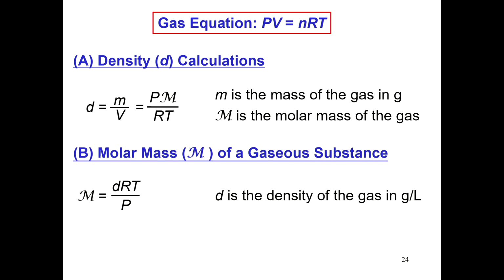So in this equation, when we know what the gas is, of course we can know its molar mass, right? So we can use its molar mass to calculate the density. If we don't know the molar mass, we can use its density to calculate the molar mass.